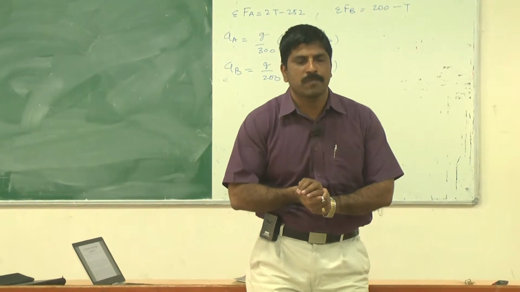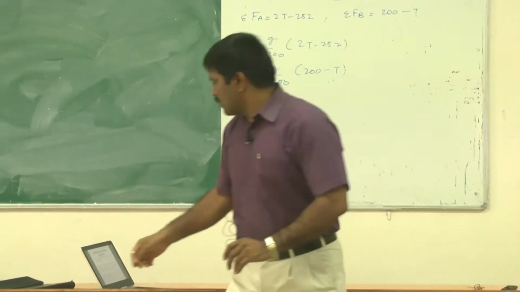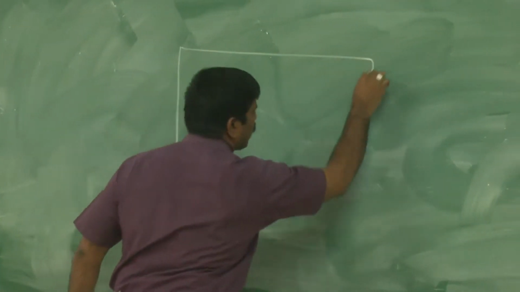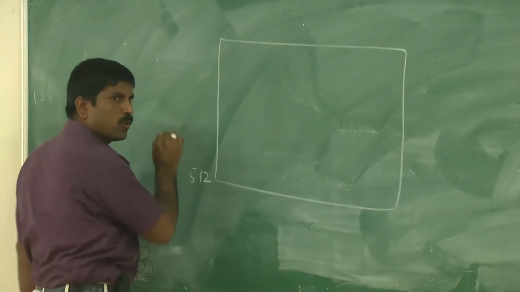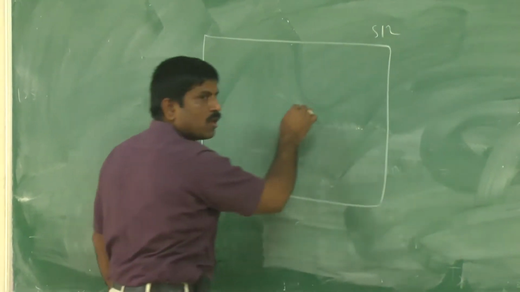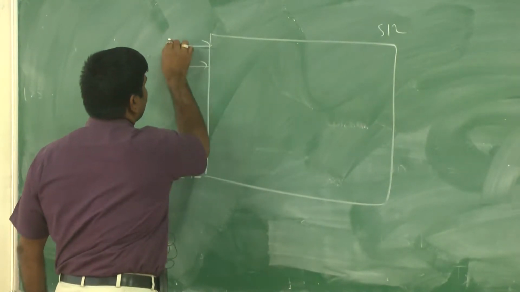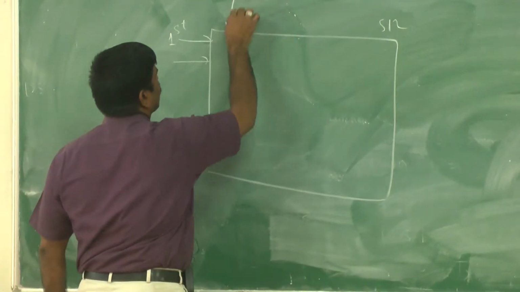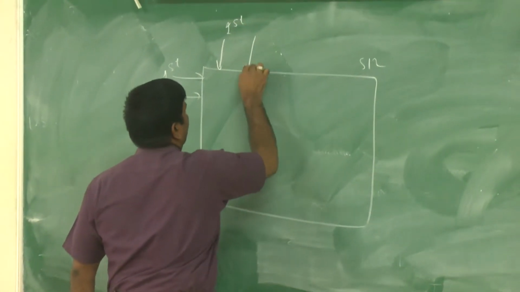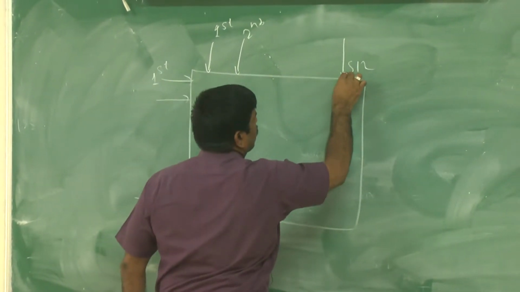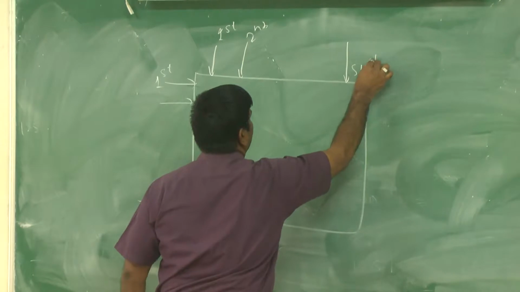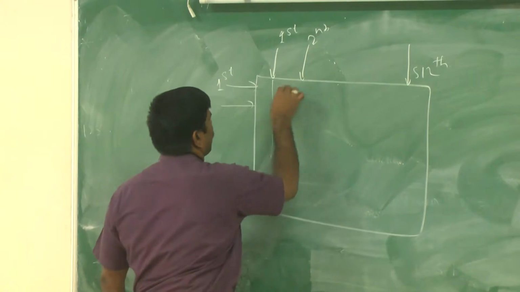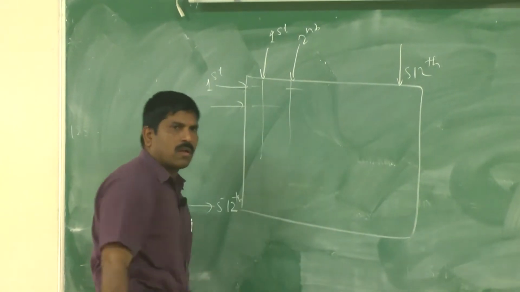What is meant by spatial redundancy? Suppose you have an image of 512 by 512, which means there are 512 rows and 512 columns. This is the first row, second row, and this is the 512th row. This is your first column, this is the second column, and this is the 512th column. The intersection of these is the pixel location.